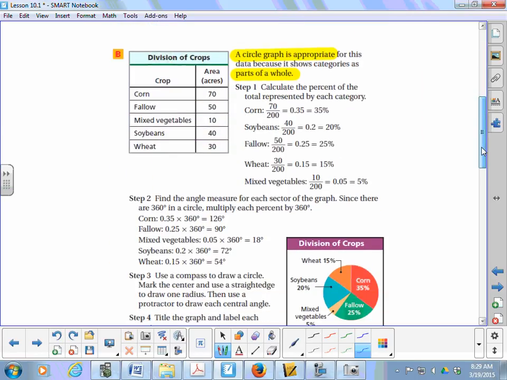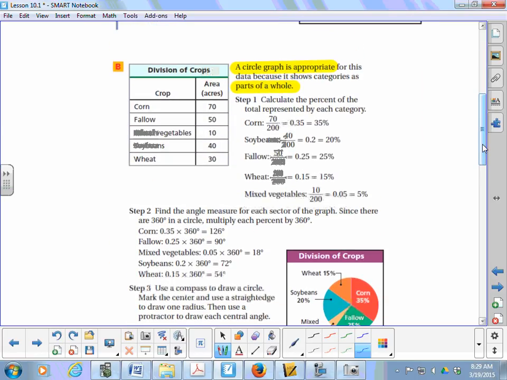Letter B says division of crops. Right? So we have corn, fallow, mixed vegetables, soybeans, and wheat. And how many acres there are of all of them. Okay? A circle graph is appropriate because we're comparing the parts of the whole. Parts of a whole.